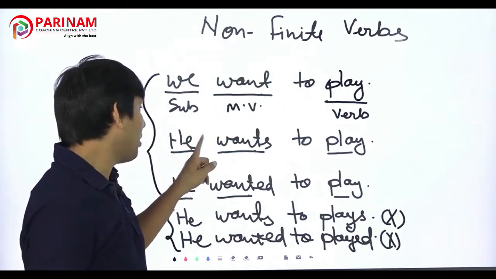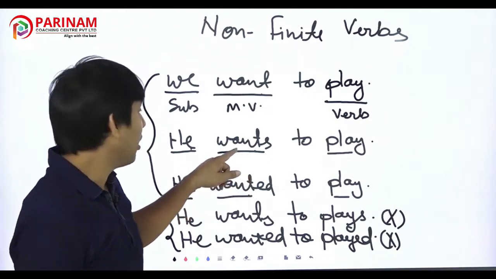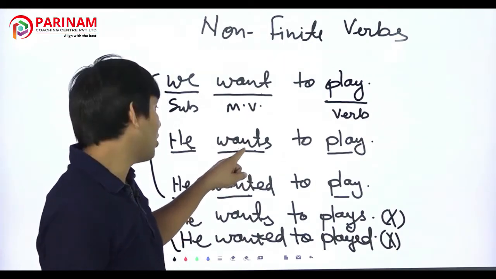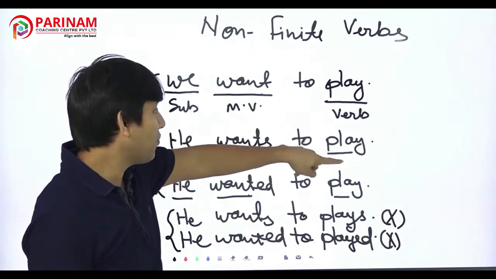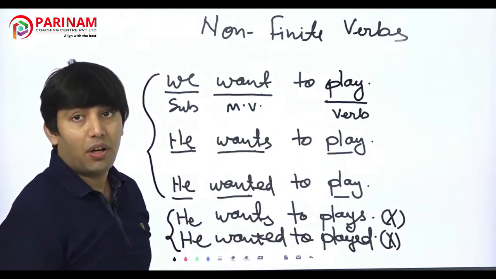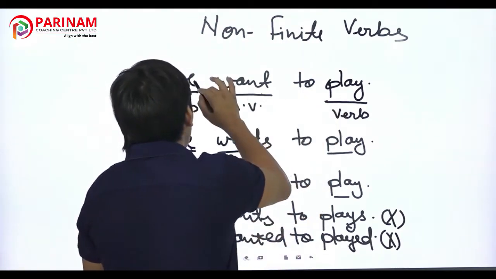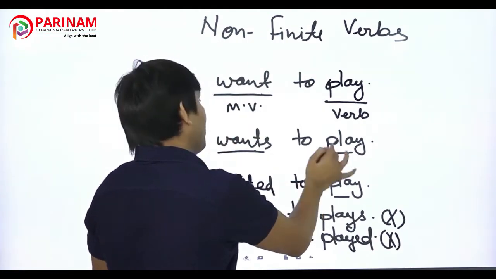Here we is a plural subject, and that's why I have written want. The first form of the verb without s or es is a plural verb. So the subject is plural, the verb is plural. Here the subject is singular, the verb is singular, because when we add s or es to the first form of the verb, it becomes singular. So this is a singular verb. But you can see here in this verb play, I am not making any changes. Even if the subject is plural, it is written in the same form, and even if the subject is singular, it is written in the same form.